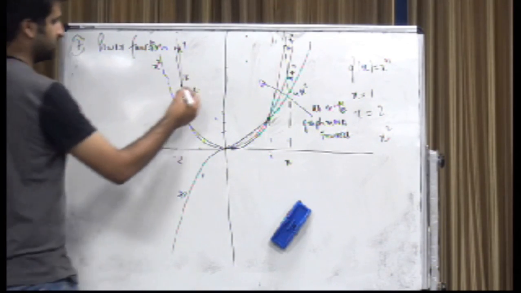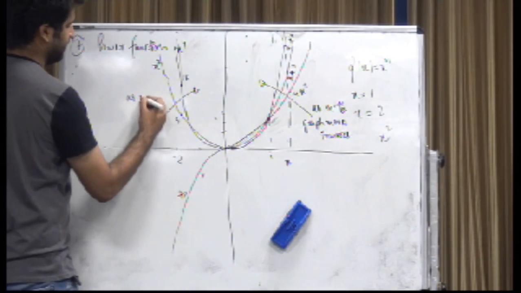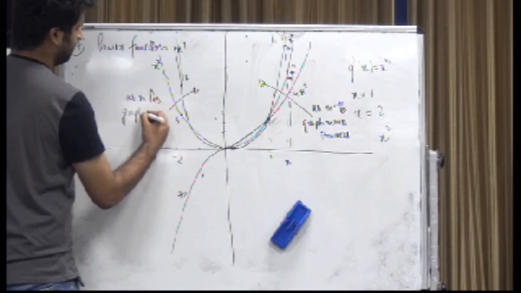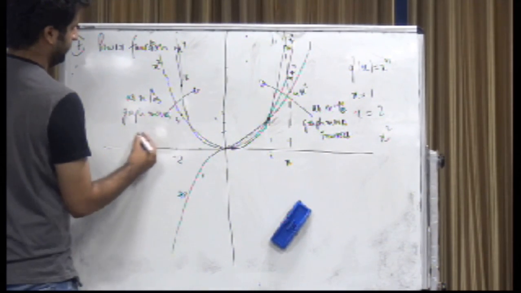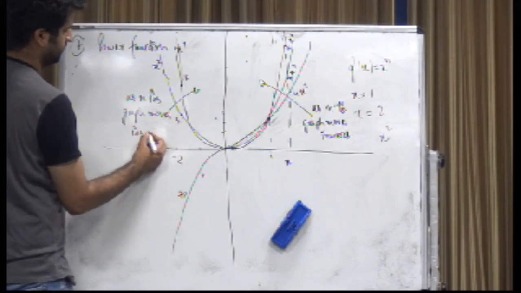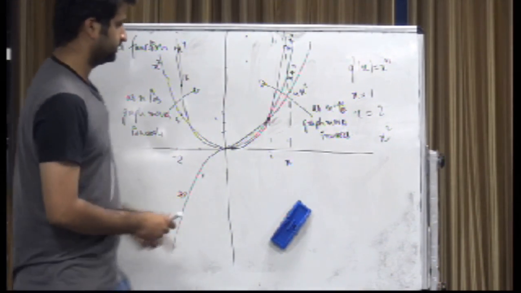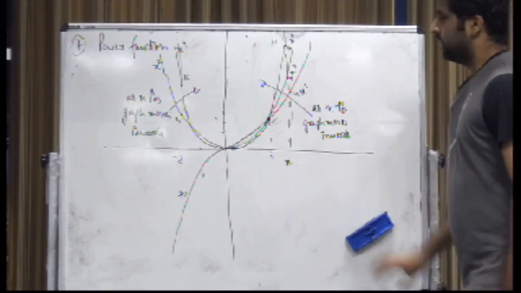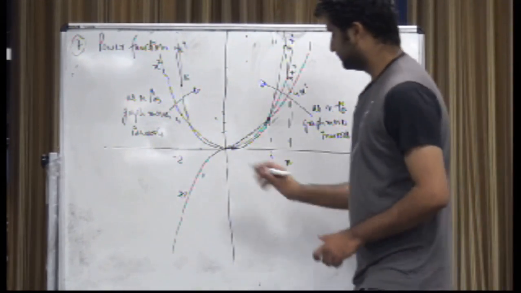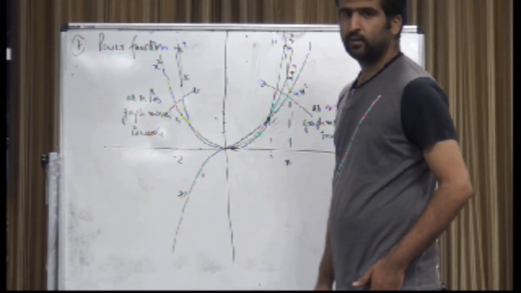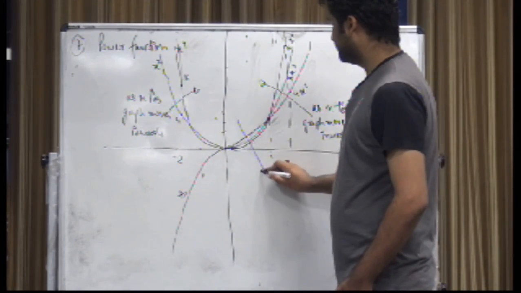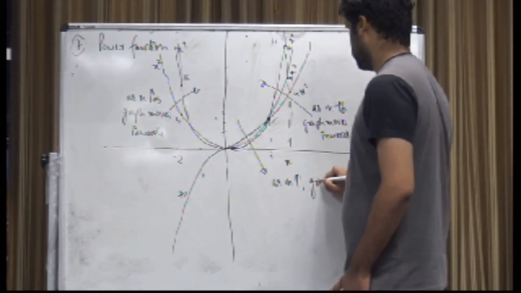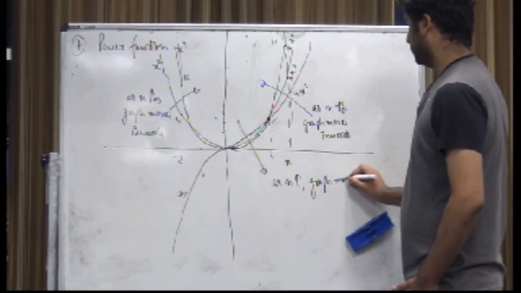So in this case also, as n increases, the graph moves inwards, except this portion from 0 to 1. In this case, as n increases, the graph moves outwards.